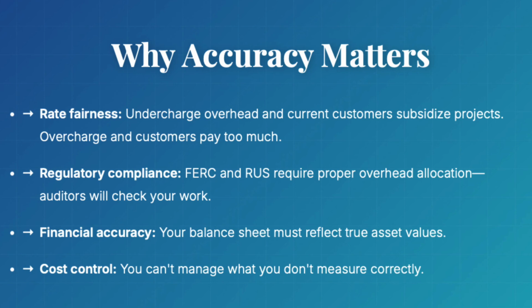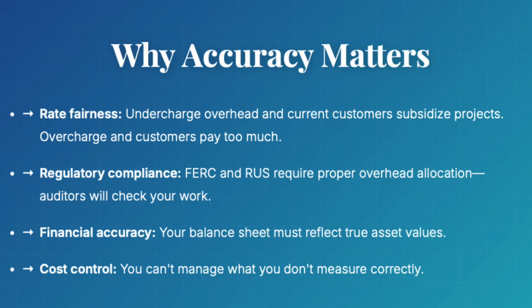So accuracy matters for rate fairness. You don't want to undercharge overheads. You don't want to overcharge them either, but there are ways to calculate them that are fair and obvious to your ratepayers. Also, regulatory compliance. If you follow strictly FERC and RUS standards, those require proper overhead allocations. And then financial accuracy.